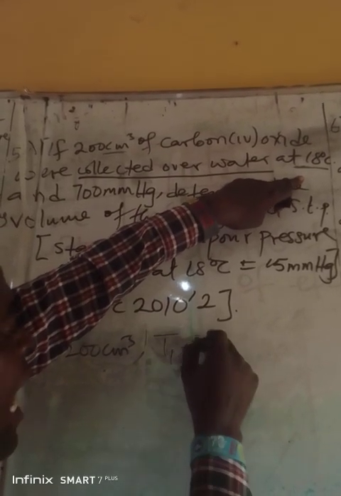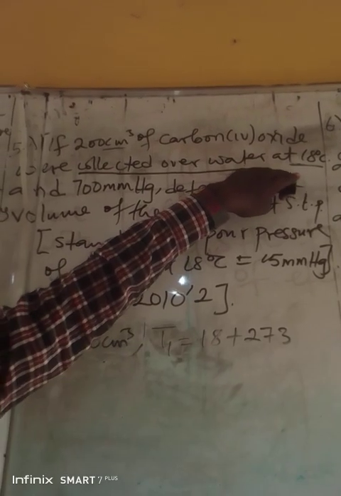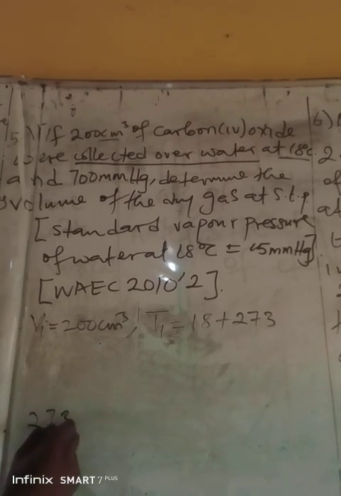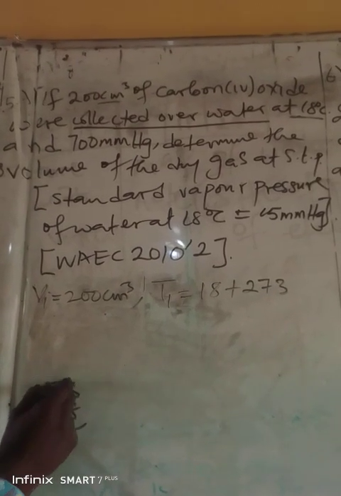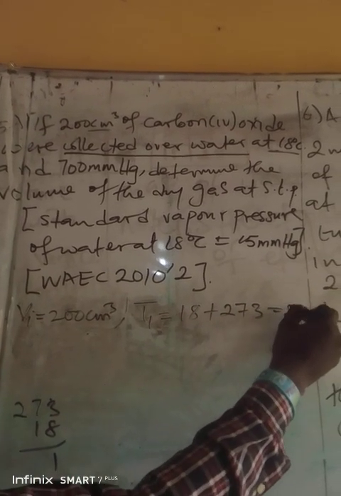Are we going to use 18 like that? No. We will convert it to Kelvin by adding 273. What is our answer now? 273 plus 18 is 291. So T1 is 291 Kelvin.